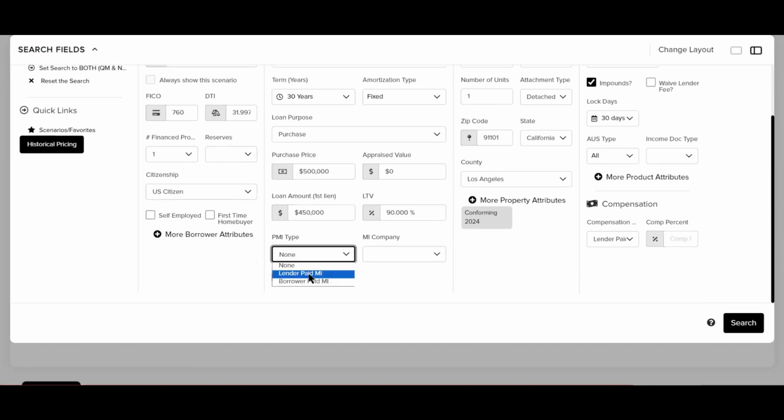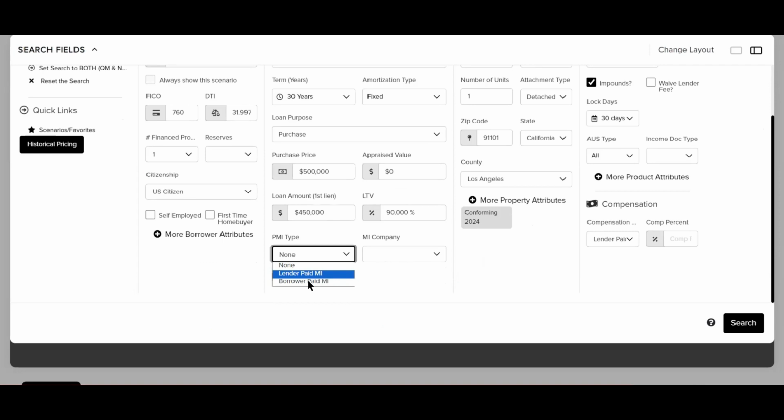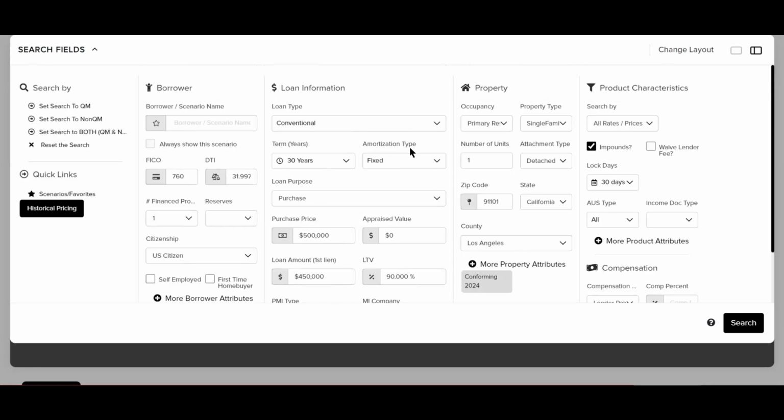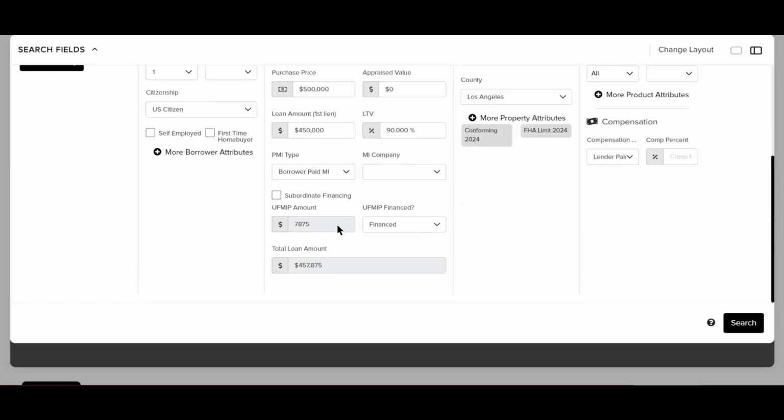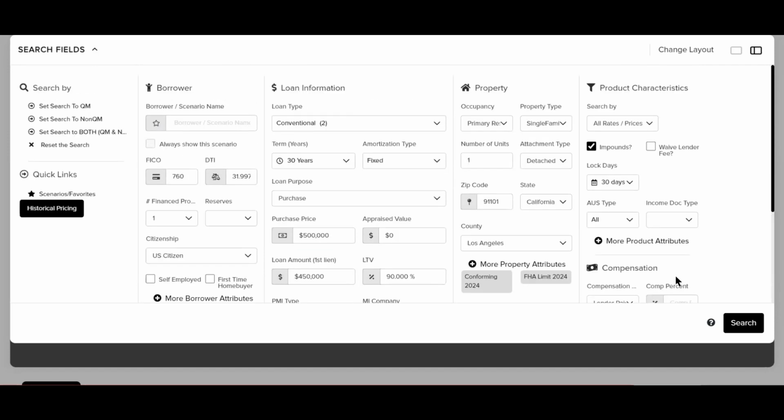We've got to put in what type of MI, is it borrower paid or lender paid? Okay, so it's a 90% loan to value. Is it better to go conventional or FHA? Upfront FHA is going to come in as well. On the PMI side of things, we're saying borrower paid for the conventional side. So this is a 90% loan to value.